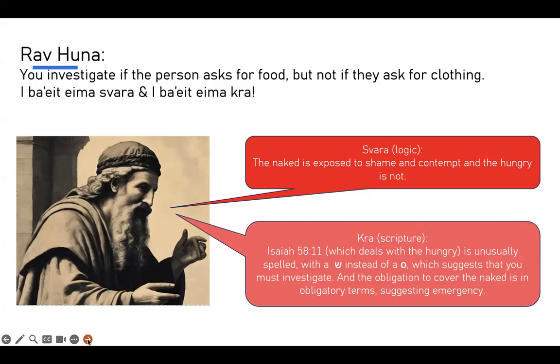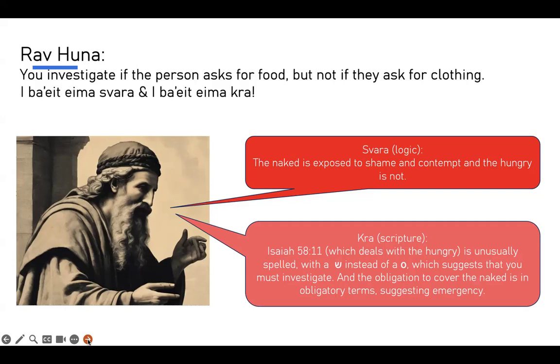But he also has a scriptural reason for why he thinks you investigate people who ask for food but not people who ask for clothing. He's looking at a verse in Isaiah 58:11 which deals with the hungry. And he says that the word pros, which means give your bread to the poor, is spelled in an unusual way in the text. It's spelled with the Hebrew letter shin instead of the letter samech.